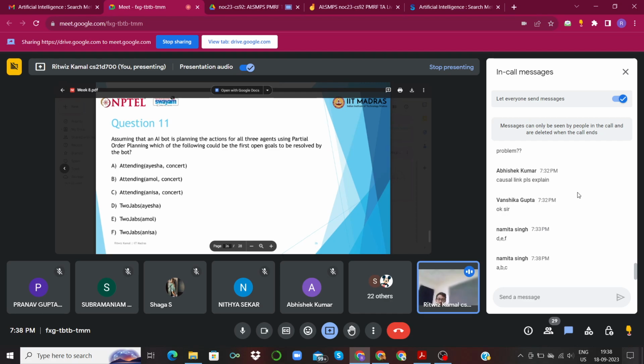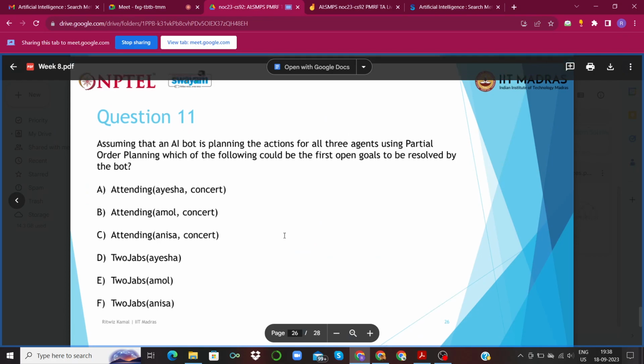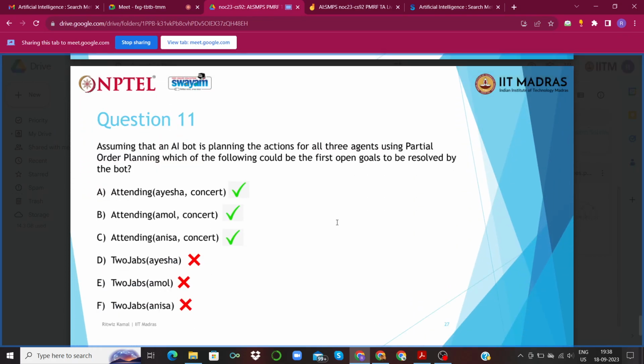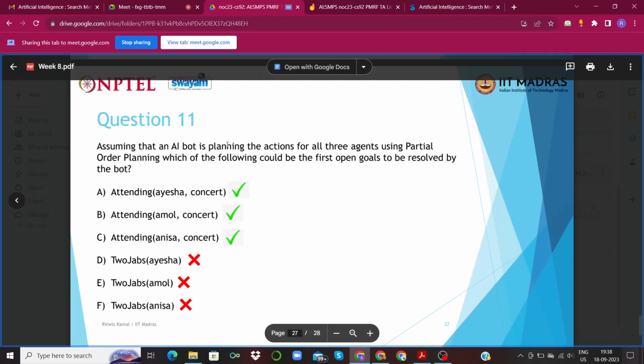So which of these options do you think would be correct? That's right. So attending Aisha concert, attending Amol concert, and attending Anisa concert would be the three first open goals that can be resolved by the bot.